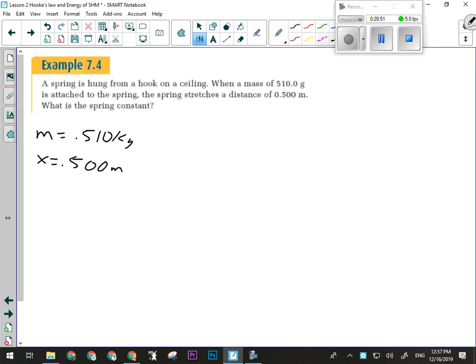So I've got this. Now, the only reason the spring is stretching and exerting a force is because of what other force? Gravity. Gravity is pulling down on the mass they hung from that spring. Since it's not moving, those forces cancel each other. One is up, the other is down, and it's not moving.